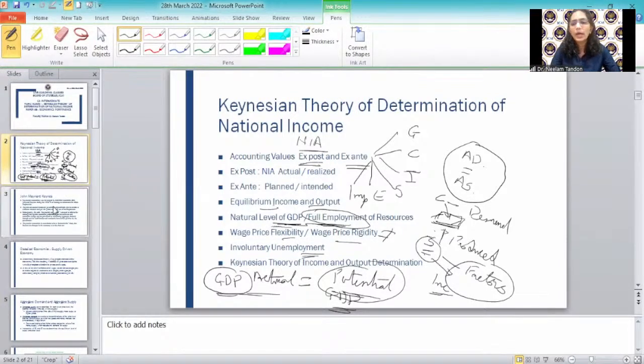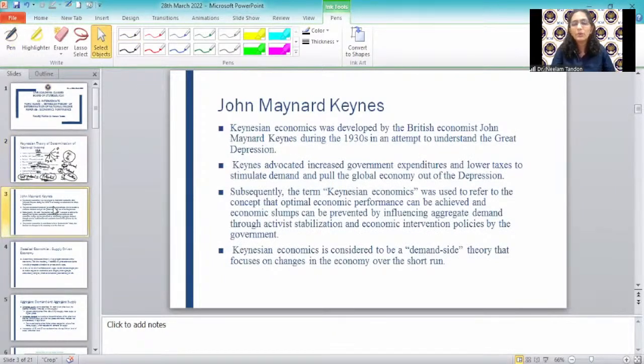Okay, so I hope what we have shared till now is clear: ex-ante and ex-post, involuntary and voluntary unemployment, and why the equilibrium level of output and income go hand in hand. John Maynard Keynes is the father of macroeconomics. What happened in 1930?